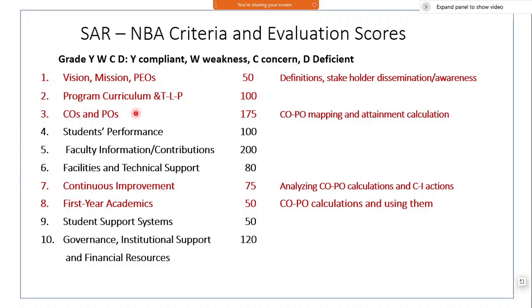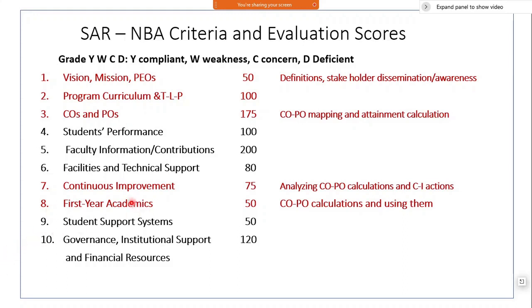You may have decided certain objectives or targets for each and every PO, like I want to achieve PO number 1 or PO number 5 at 2.5 out of 3. If you have not achieved it, what action have you taken, and that action taken also has to be there for the entire department for each and every year.